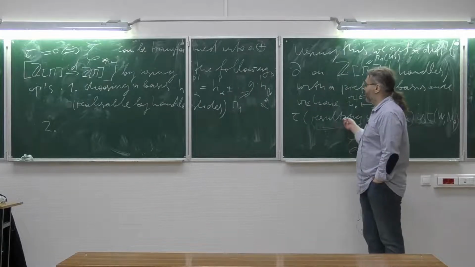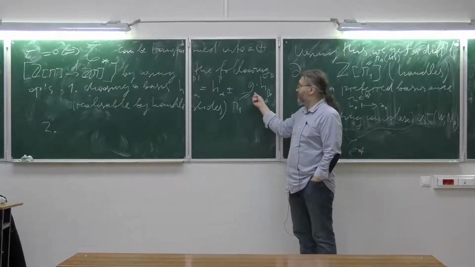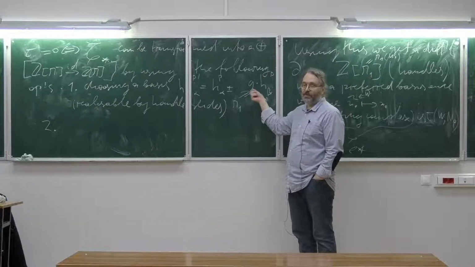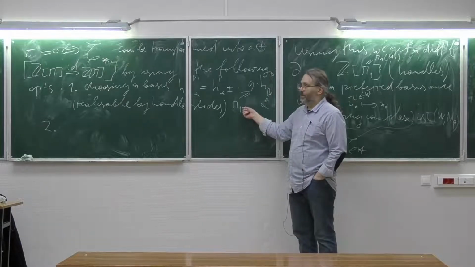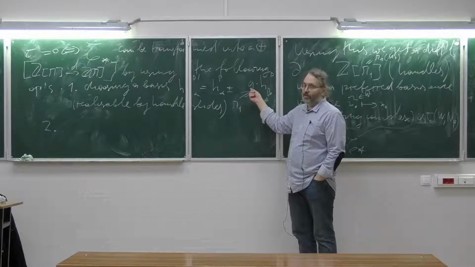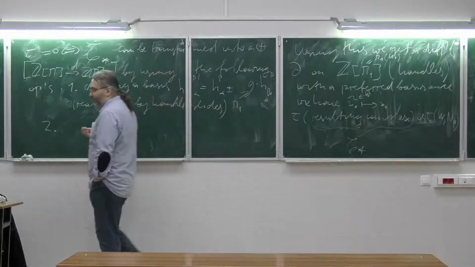Well, formally speaking, here we have the way it's written. We have an element of pi 1, but then we can get a linear combination of elements of pi 1 in the same way.